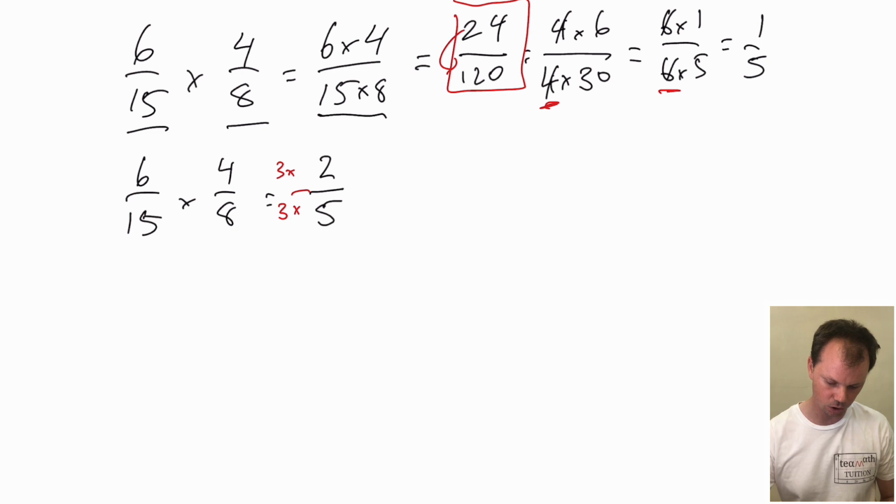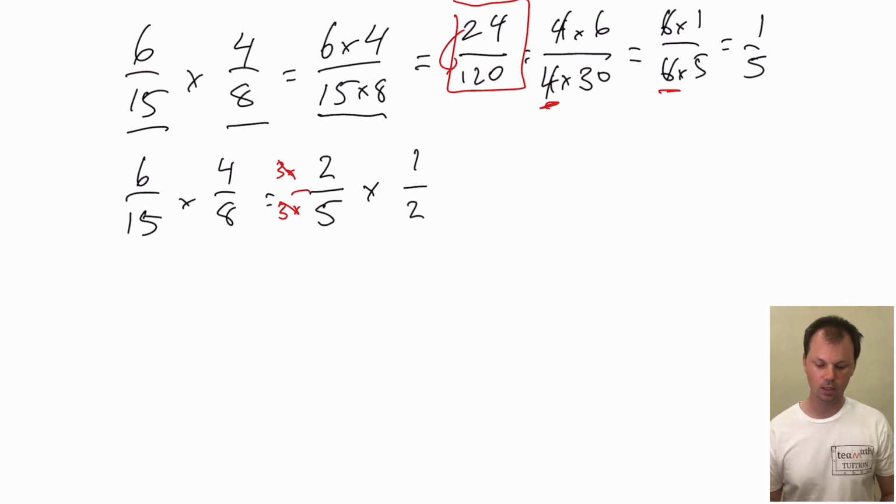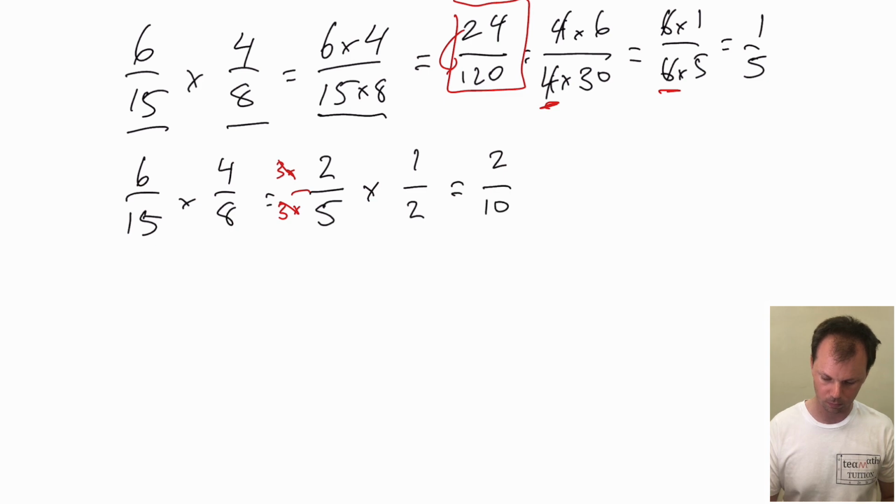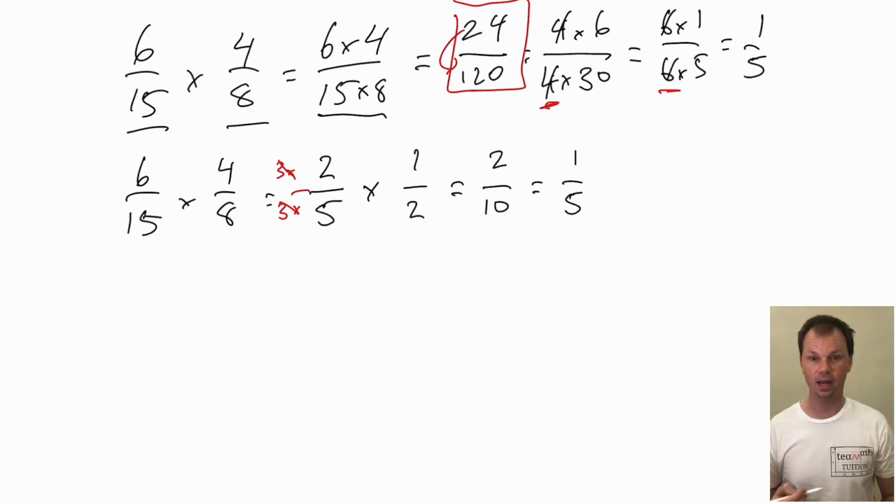I've not shown that step, but you can show it if you like. Then 4 on 8. 4 is common, so 4 goes into 4 one time, and goes into 8 2 times. So now we've got simplified fractions, we can then multiply. Now we can simplify, 2 is common to top and bottom, and we get our answer.